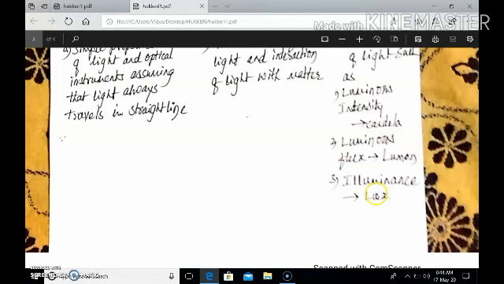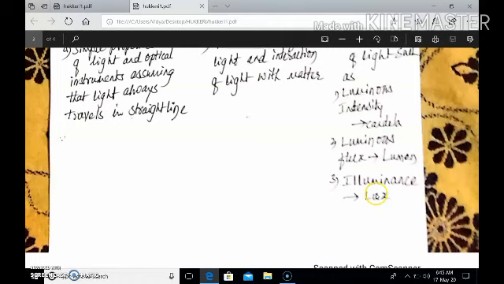Many of you have seen the 60 watt bulb, 100 watt bulb. The amount of light energy given out by the 60 watt bulb, that is luminous intensity. Rate of flow of energy is termed as luminous flux measured in lumen.